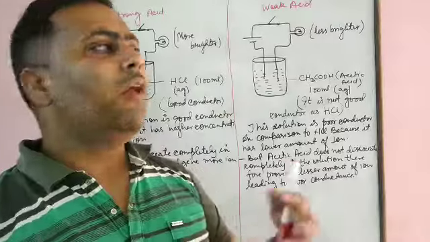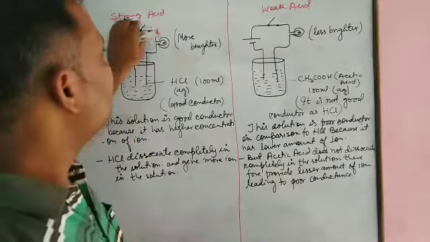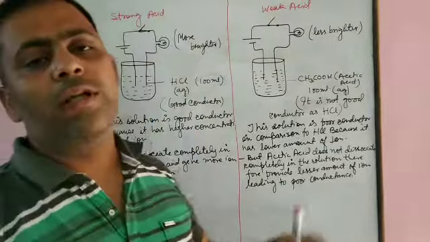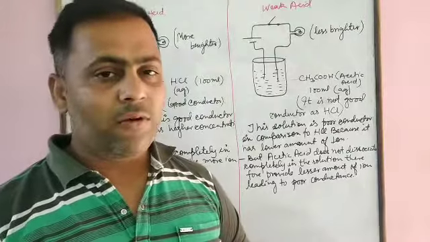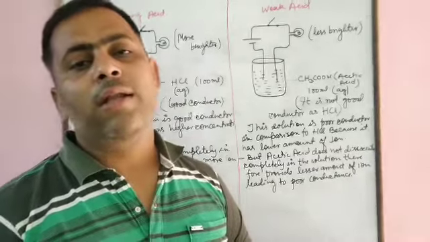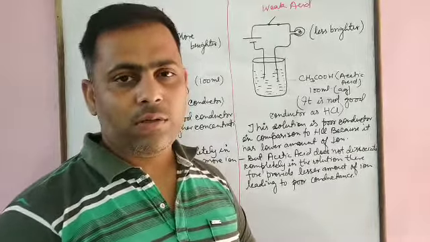It means what we have discussed: an acid is termed a strong acid when it dissociates completely in the solution. And we know the dissociation of an acid is that it dissociates into protons.